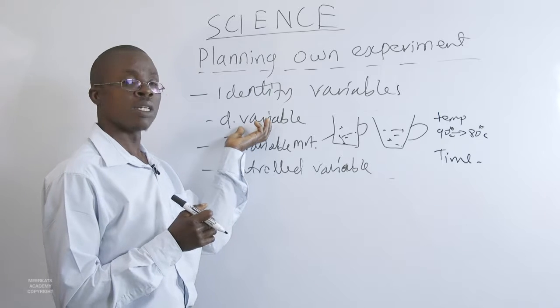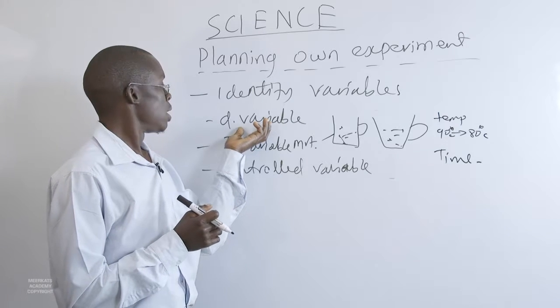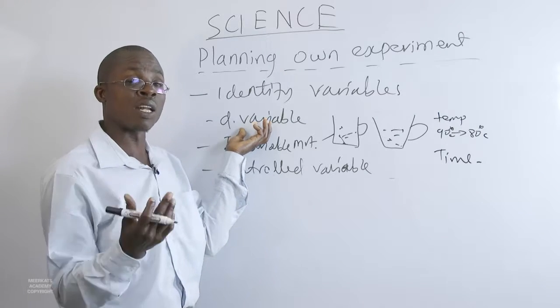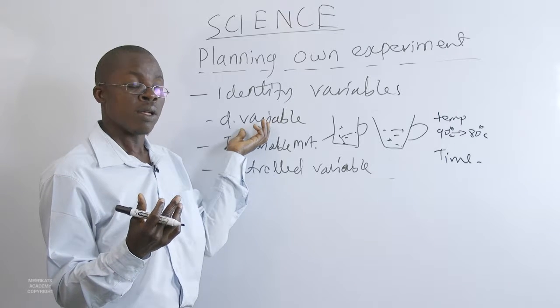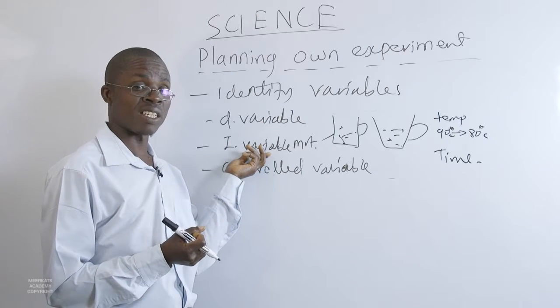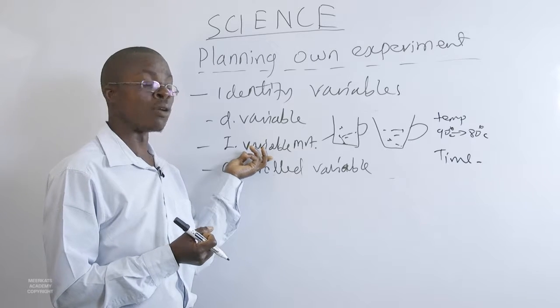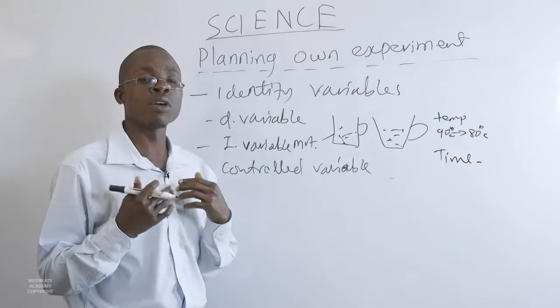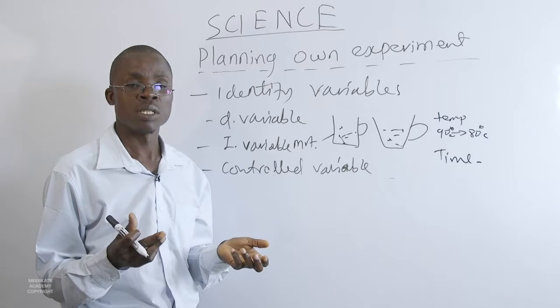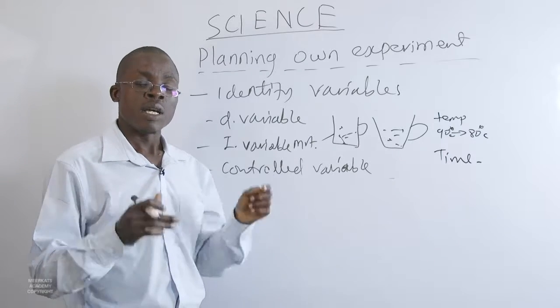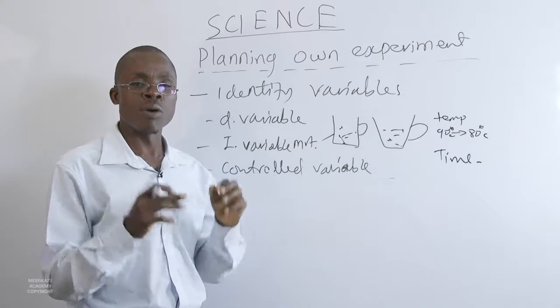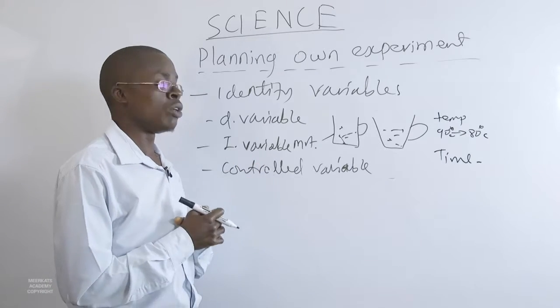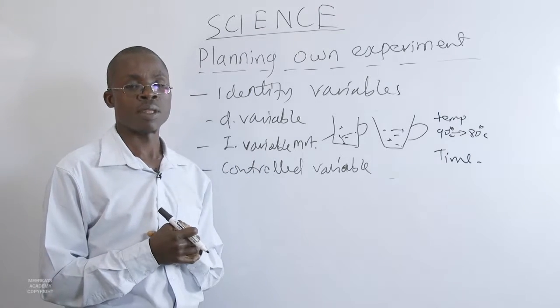This one was dependent, so it is a variable. But time cannot be varied, so it is an independent variable. Dependent variables can be more than one in an experiment. If they are more than one, there is no way you can investigate them.